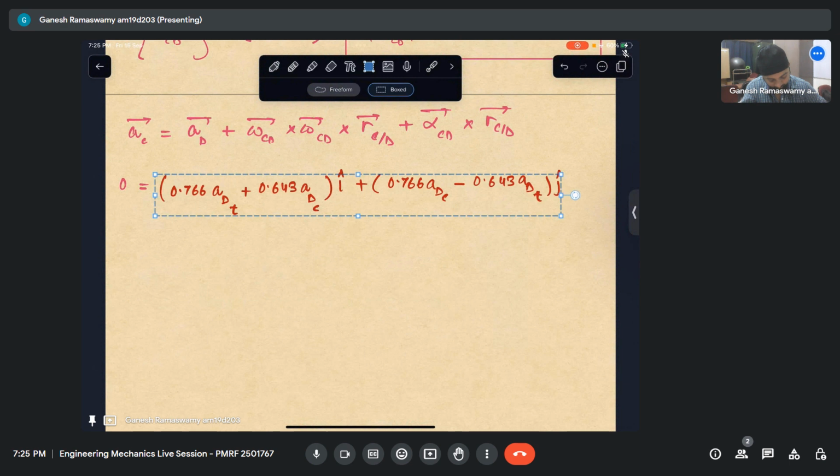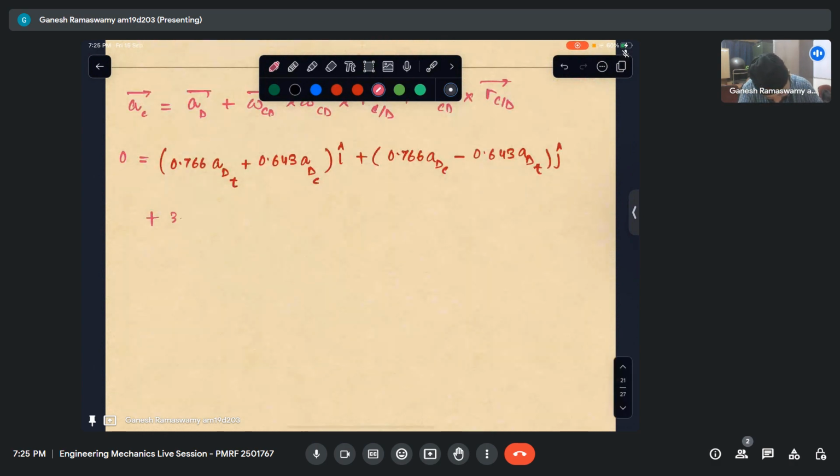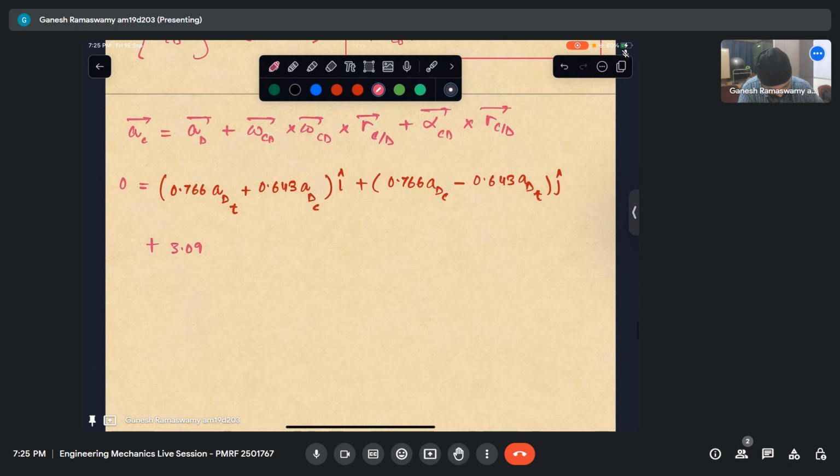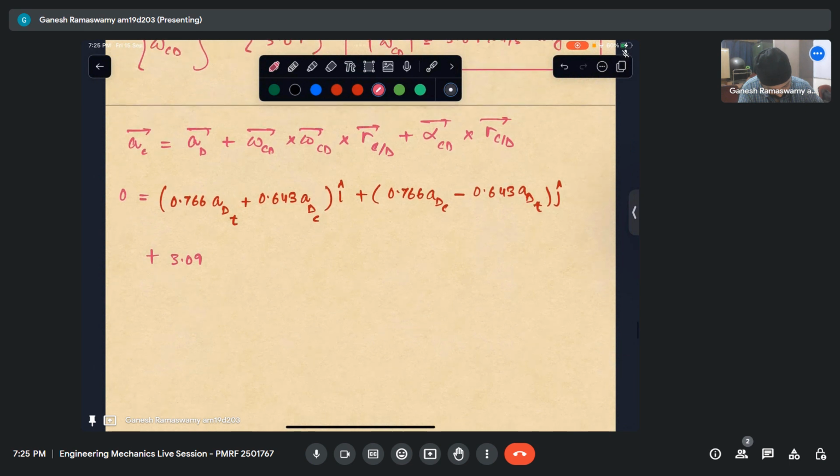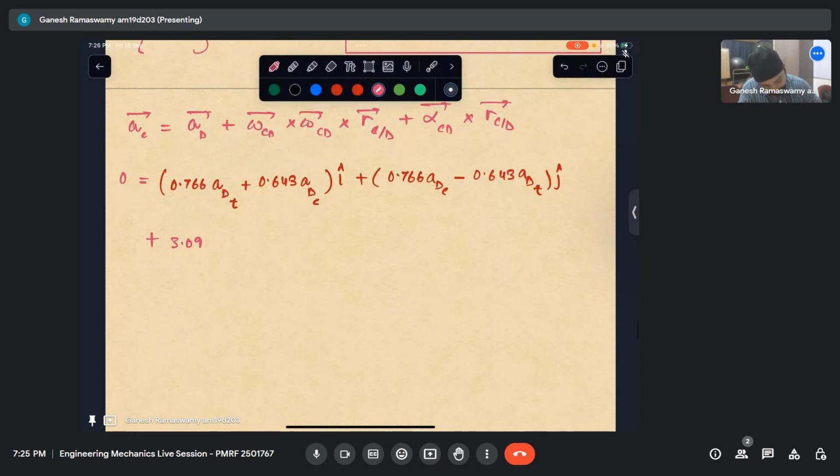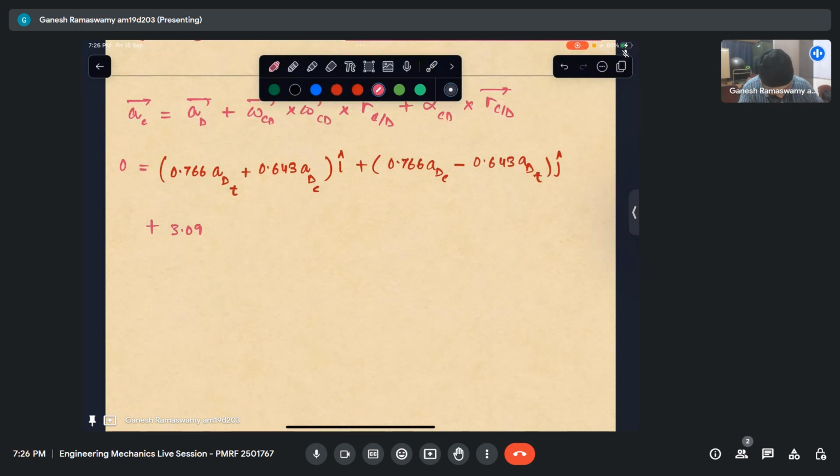Plus omega CD, we know it is 3.09, K cap cross this vector.